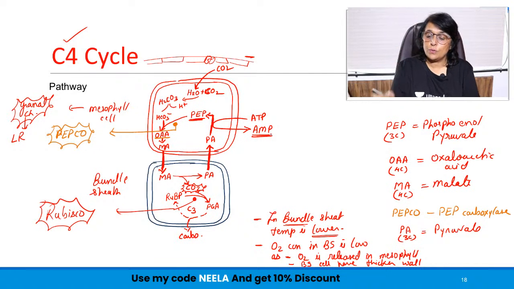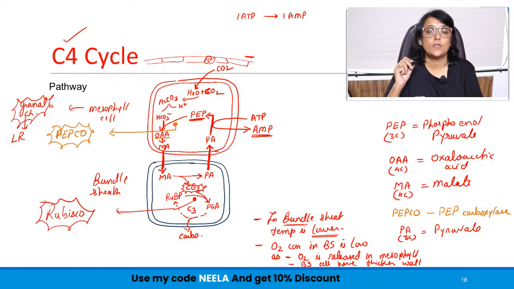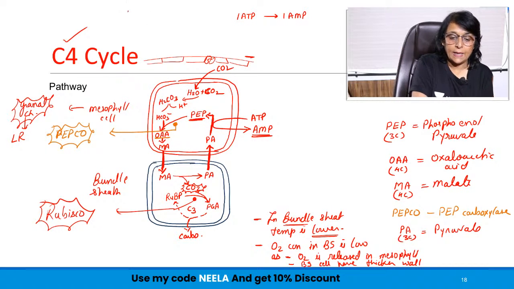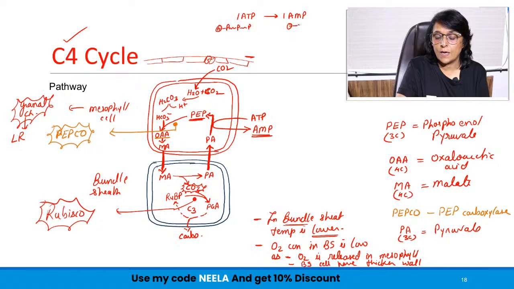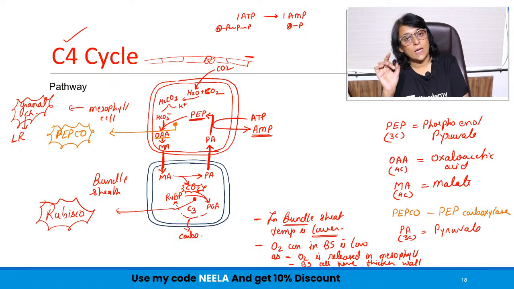See, if you say 1 ATP breaking down into 1 AMP, how many phosphate bonds are broken? 2. The second and third bonds. This is adenosine triphosphate changing into adenosine monophosphate.